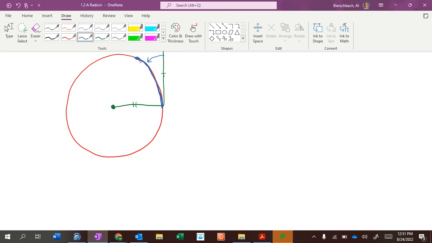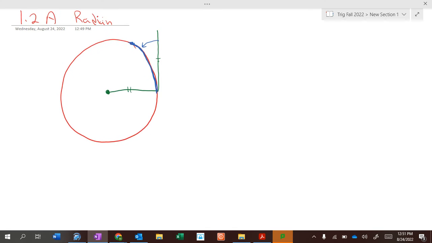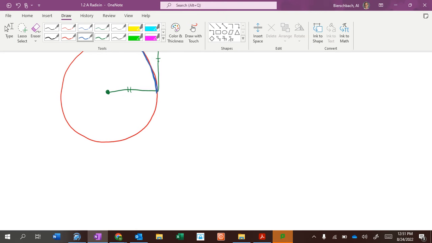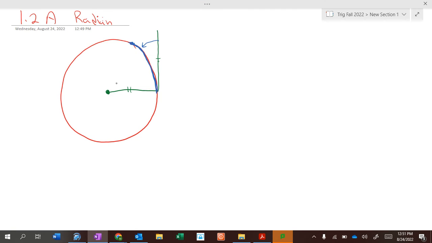Now, if I wrap it for the length of the radius and make an angle out of it, this angle is 1 radian of an angle. It's so many degrees, or 1 radian. The size of that angle. So if we take this and wrap it down like this, the angle is 1 radian.